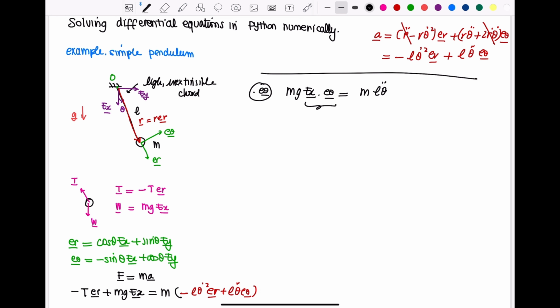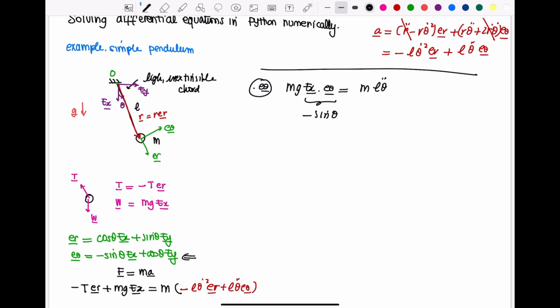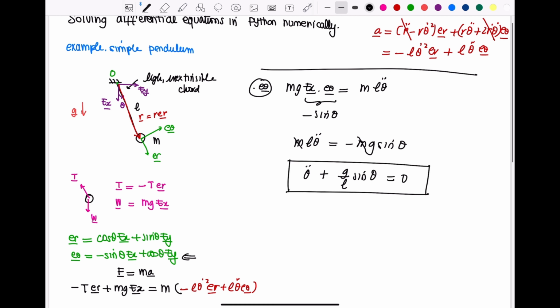Well, what is E_x dot E theta? From here, that's equal to minus sine theta. So I'll get m L theta double dot is equal to minus mg sine theta. The mass and the mass cancel out: theta double dot plus g over L sine theta is equal to 0. That's the differential equation governing the motion of the pendulum.